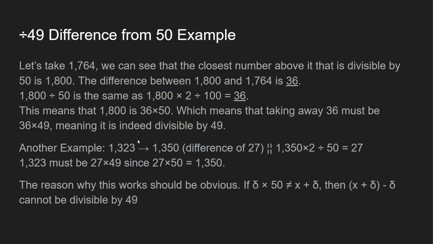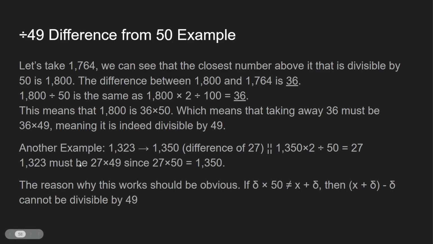1,323. The next highest number that's divisible by 50 is 1,350. So for 1,350, we have to figure out what number it is. This is always divisible by 50, but we have to figure out what number it is. 1,350 times 2 divided by 100 is 27. So is that the difference? It is. 27 is the difference between 1,323 and 1,350, and 1,350 divided by 50 is 27.